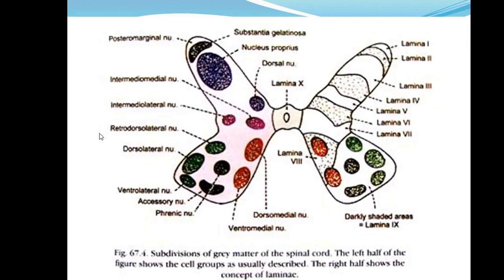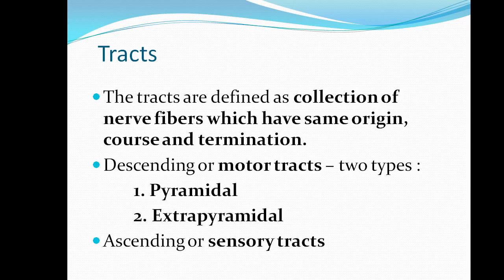Here you can see the various nuclei in the anterior horn, in the lateral horn, and in the posterior horn. Then coming to the tracts, that is the white matter. The tracts are defined as collections of nerve fibers which have the same origin, course, and termination.